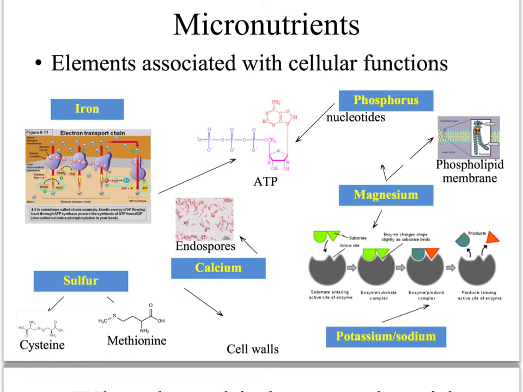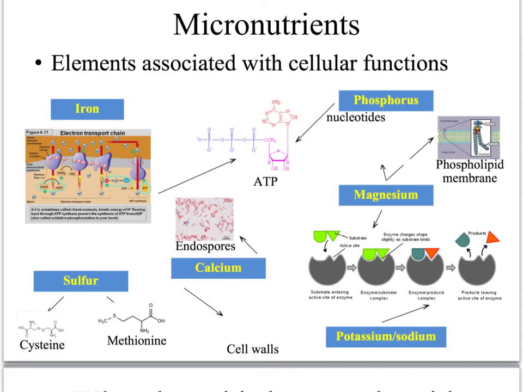Another thing I want to point out that has a slight bit to do with metabolism, and certainly has something to do with biosynthetic pathways, is that there are other micronutrients that a cell takes in. Things like elemental iron, phosphorus, magnesium, calcium, sulfur, potassium, sodium. As a general rule, these are used more in very specific pathways.